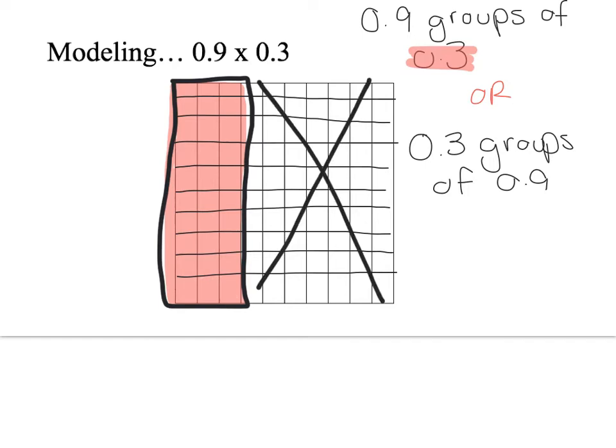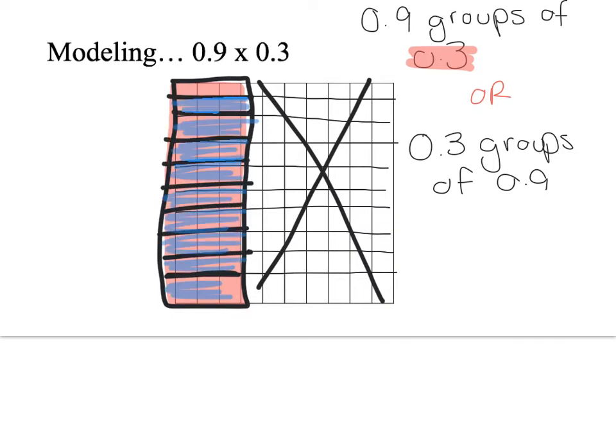And now I'm going to shade in 9/10 of the tenths that I have created by drawing these lines in this direction. I have now shaded in 9 sections of the 10 that I divided the 3/10 into.